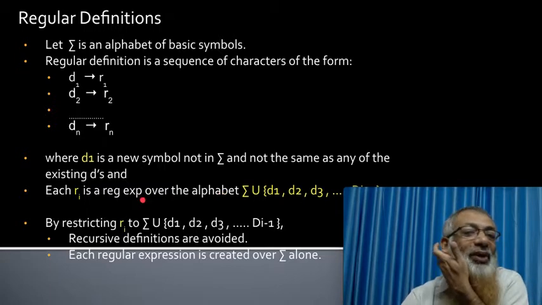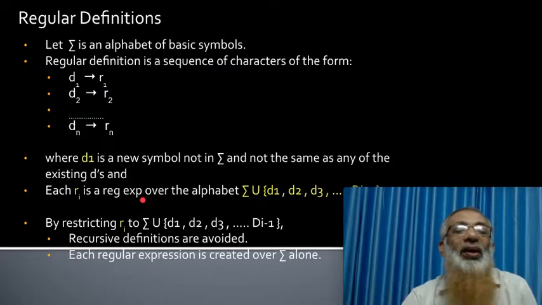This you can very well guess, because all these Di's are names for earlier regular expressions. We provide these names so that, suppose that R1 is a big regular expression and this is named as D1. Suppose that we want to make use of D1, say in Dn.